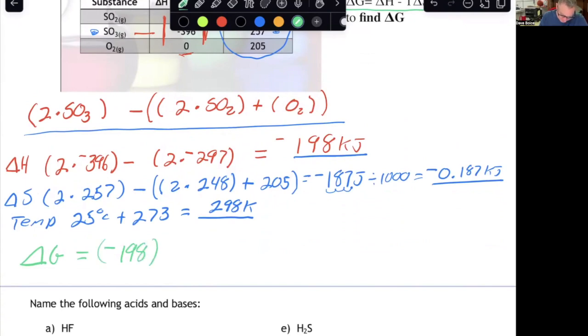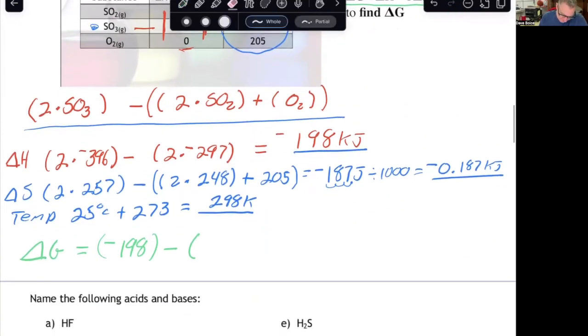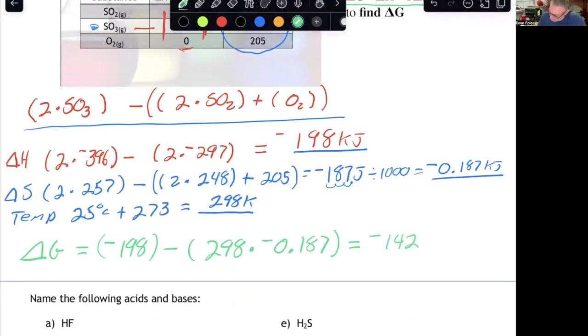And we know it's in kilojoules, minus T delta S. Okay, and that is going to be T, which is 298, times delta S in kilojoules, negative 0.187. And that is going to finally equal out to negative 142.27 kilojoules. And there you have it.